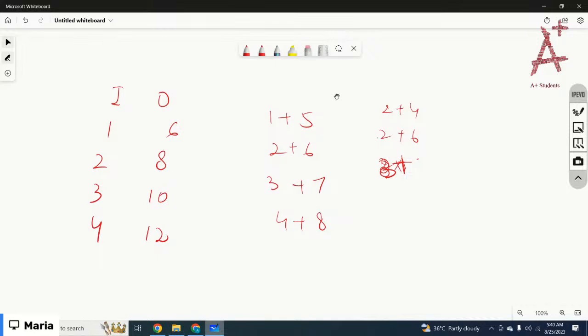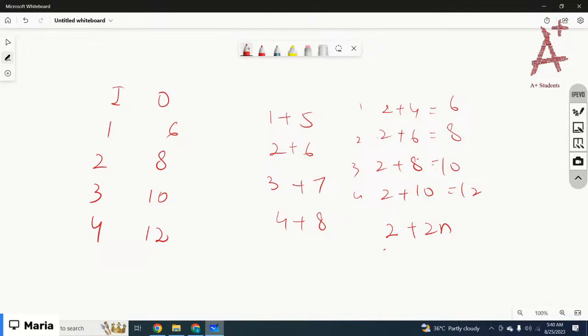Basically that is the work you have to do. 2 plus 8 is 10. 1, 2, 3, 4. Yes, it is. 4 plus 2 is 6, 2 plus 6 is 8, 10, and 12. That means 2 plus 2n.